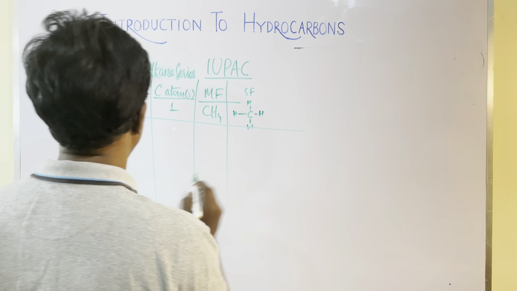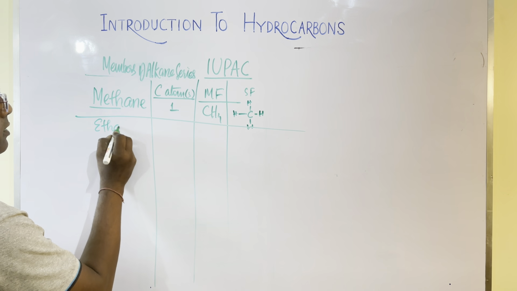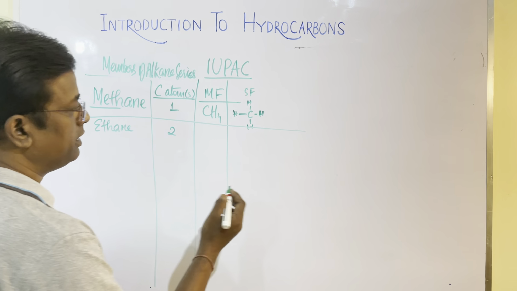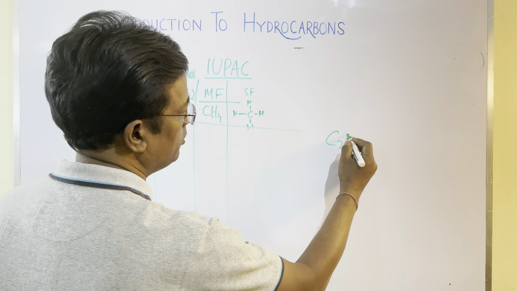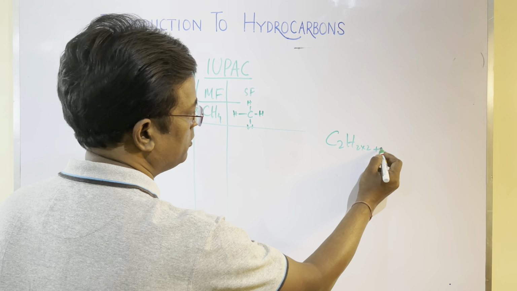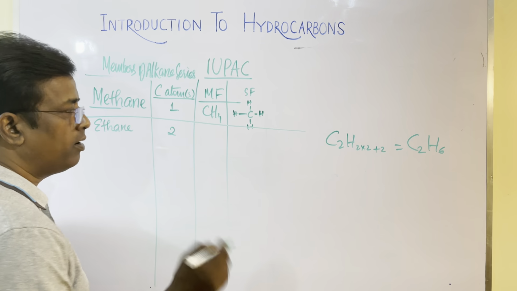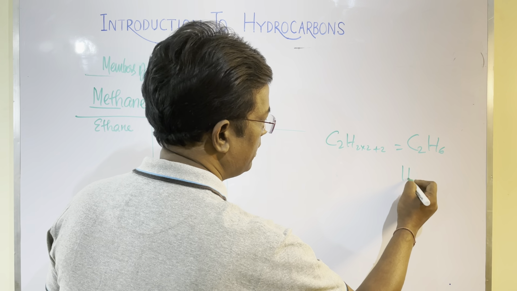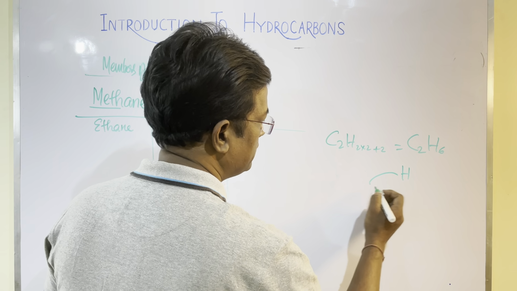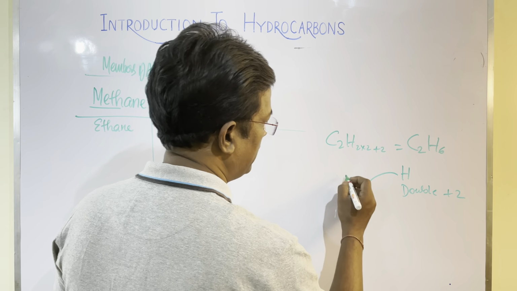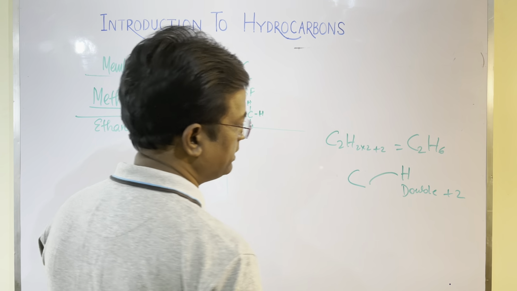First member is methane, second is ethane with carbon atom 2. The general formula is C2H2 into 2 plus 2, which comes to C2H6. Or simply, the number of hydrogen is double the carbon plus 2. Very easy.